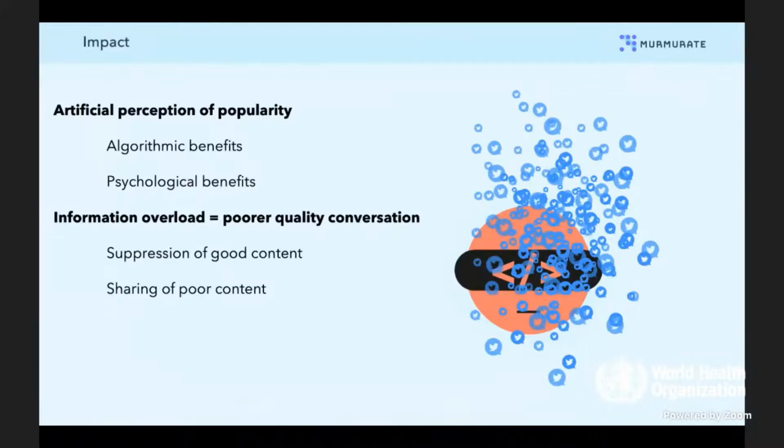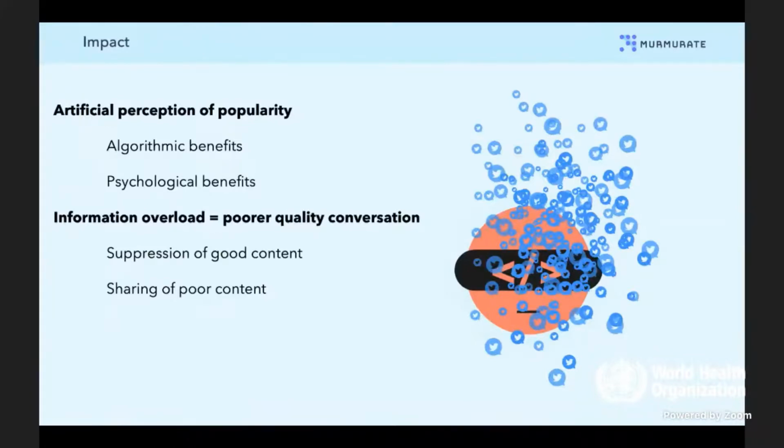The second part is that there's been some good research showing that as bots proliferate within a network and as the content proliferates, we end up with a poorer quality of conversation. We end up with the good content being suppressed and the poor content becoming the majority in that network, taking over the role of what is shared.